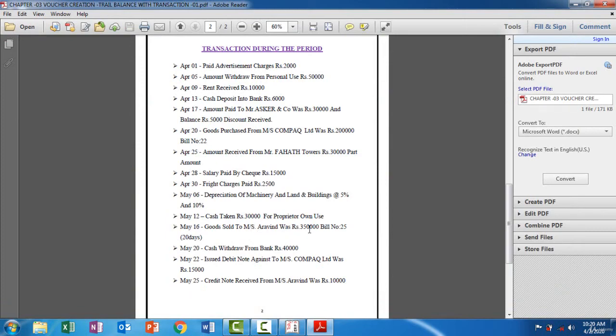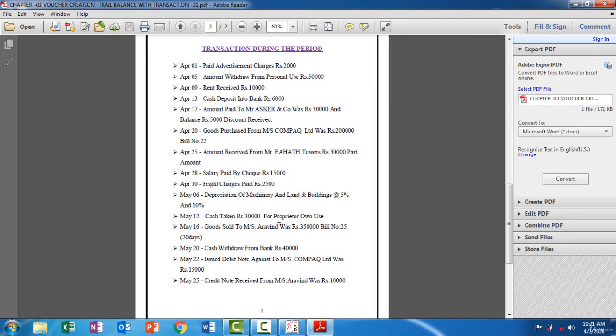The next one is May 16, goods sold to Aravind company 350,000, bill number 25, 20 days. Okay, so now we are going to take the sales voucher because we sold the goods. You can see that this is Aravind.